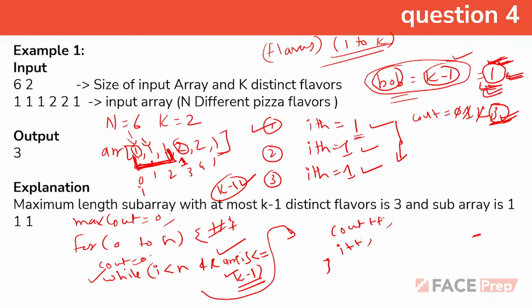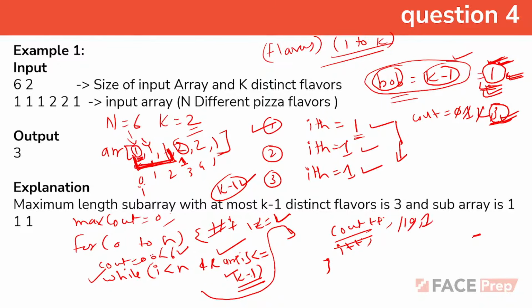Let's check 0 is lesser than n. What is n over here? 6, right? The condition is true. Also check arr of i: this 1 is lesser than or equal to k minus 1. What is k in this case? 2. 1 is lesser than or equal to 1. Yes, the condition is also true. Just increment the count. It's initially 0, now it's 1.